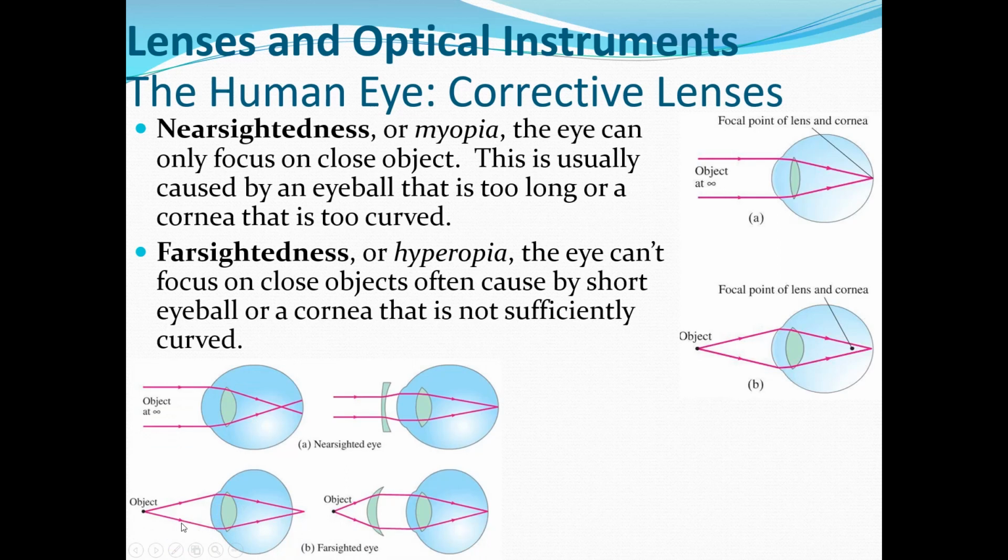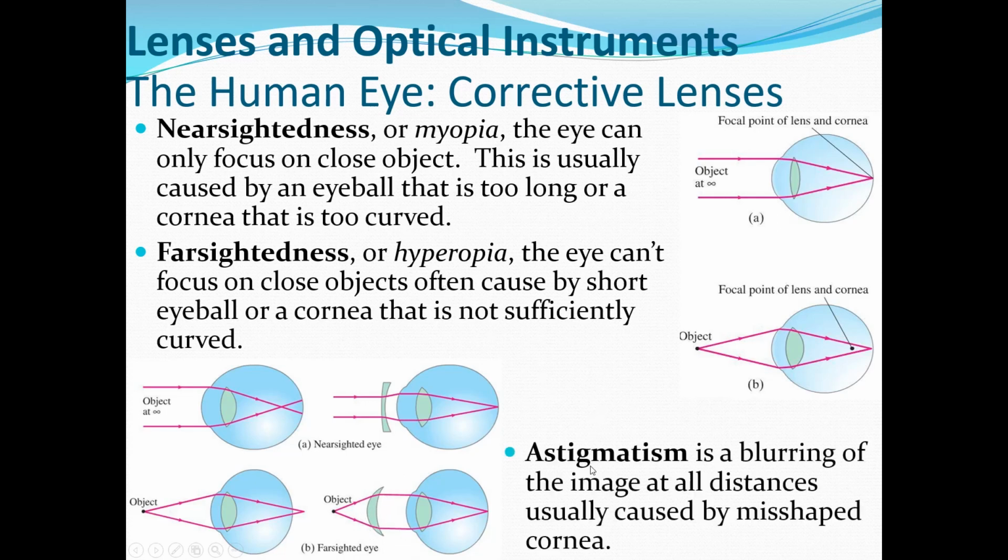So here's the far-sighted eye: an image from close would focus over here, but when it's far away, you'll end up getting it focusing behind the retina. These are the types of lenses you would get. If you're nearsighted, you would get what almost looks like a plano-concave lens, while here you would get almost a convex meniscus type lens.